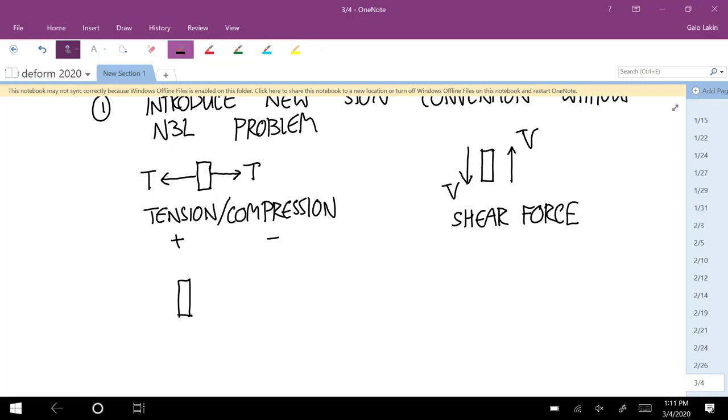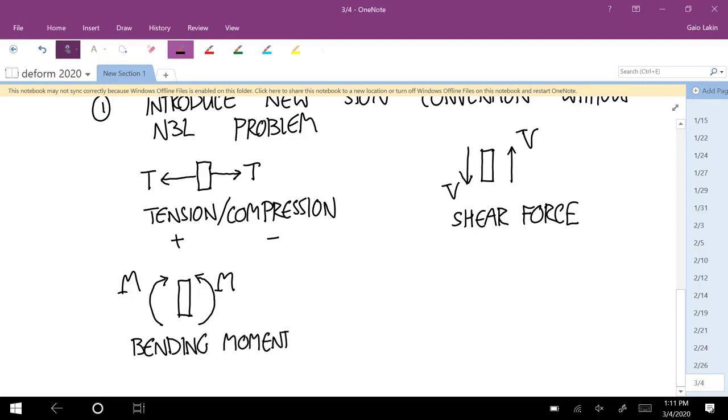And then about the z-axis, there's a couple that way, or if you're on the other side this way. Those are capital M. That's called the bending moment. And again, the sign doesn't really mean anything qualitative.